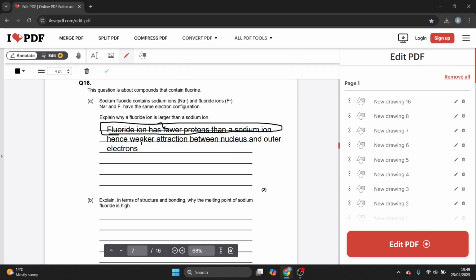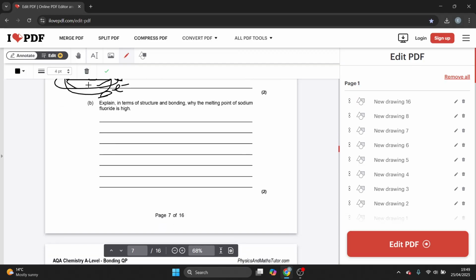But then why does this mean weaker attraction between nucleus and outer electron? Well, if it's got fewer protons, its atomic radius is going to be bigger. And if its atomic radius is bigger, it's a weaker attraction between the nucleus and its outer electrons. That's why. Explain in terms of structure and bonding why the melting point of sodium fluoride is high. So giant ionic lattice.